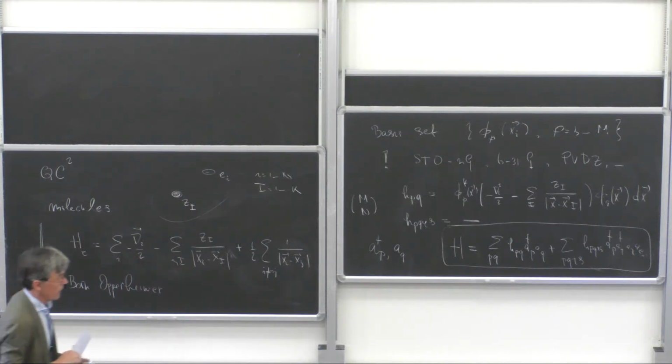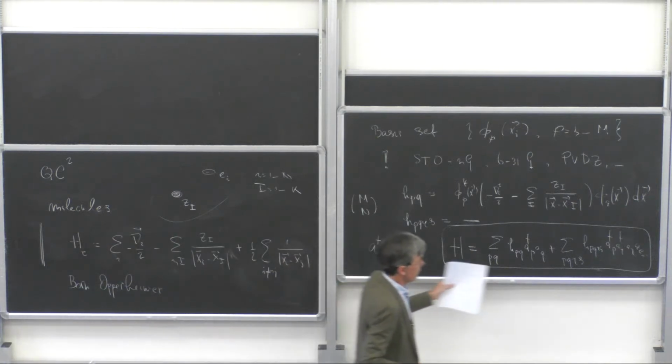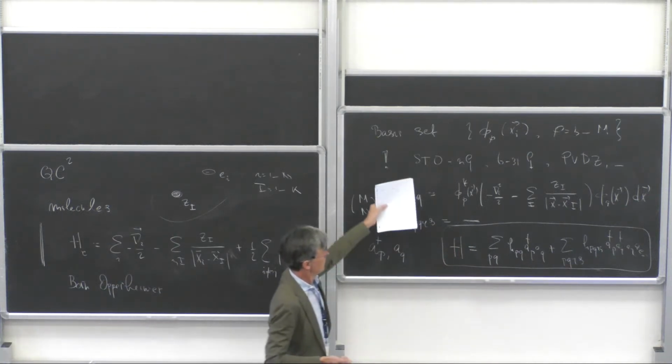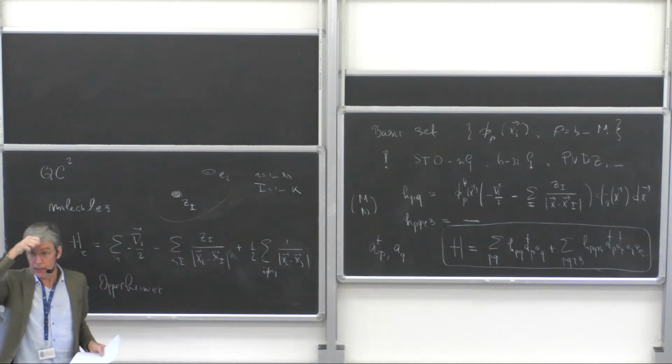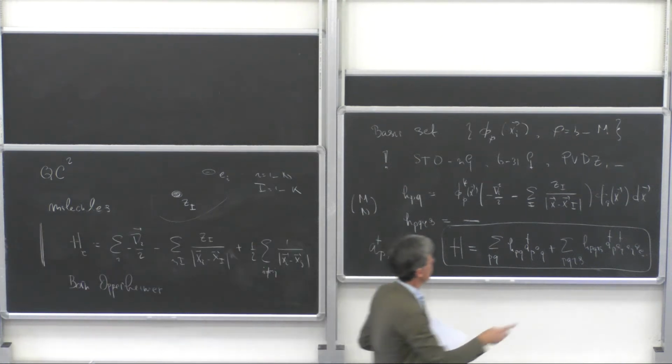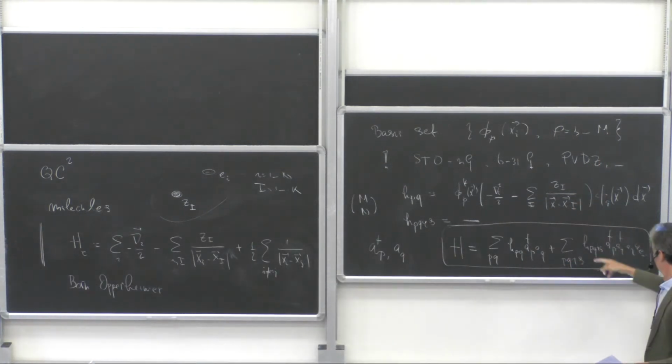So this you need to do, and again, the art is to make a good choice of orbitals, but with as low as possible number of them, because clearly this m, so the m over here, sits down here with big powers. And if you compute how expensive your circuits are for doing, let's say, VQE, you get lots of powers of m. And if you allow yourself a big m, that means big cost in the circuit. So you want to be low m, but you want to be as accurate as you can.